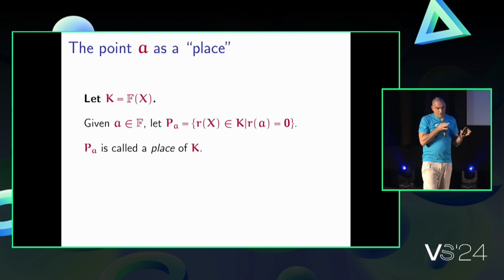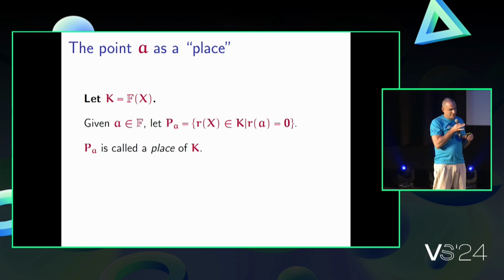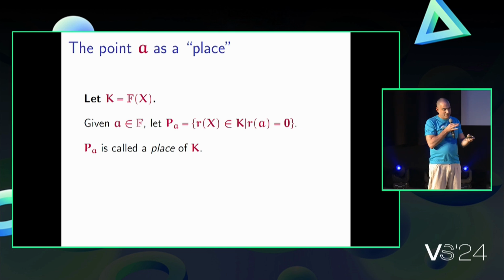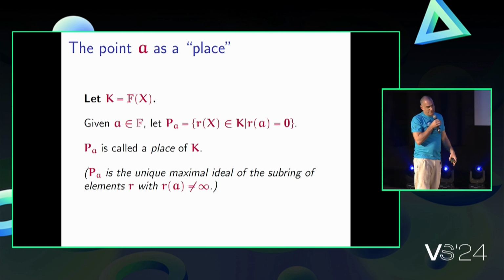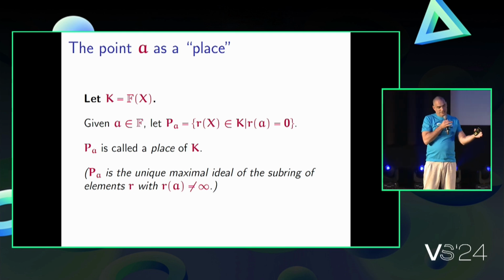So P_a is called, in algebraic geometry or the theory of algebraic function fields, a place of K. And for those familiar with the term, P_a turns out to be the unique maximal ideal of the subring of elements that don't have a pole at a.